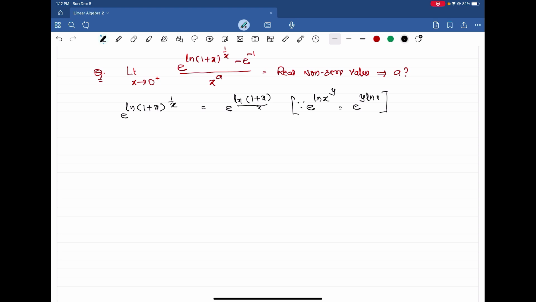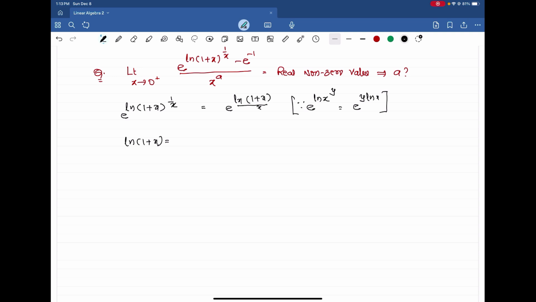Next, what is the other step? ln 1 plus x, if you think. Don't just go by doing your traditional mathematics of finding the integral, derivative, then L'Hospital's rules, all these things you forget. What is ln 1 plus x?